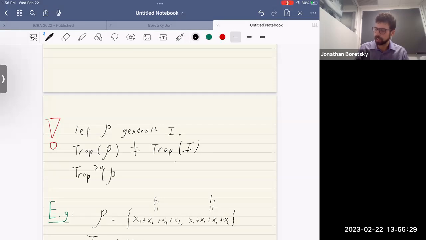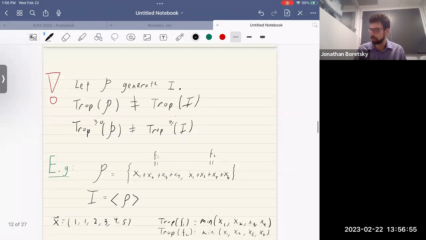So if I take non-negative tropical solutions on both sides of this equation, I still don't have this equality. So this is very different from the way that normal polynomials work, where, of course, if we have a solution to a bunch of polynomials, you also have a solution to anything in the ideal they generate. Whereas here, you really have to be careful if you're looking at polynomials for the ideal they generate. Let me give you an example of this.